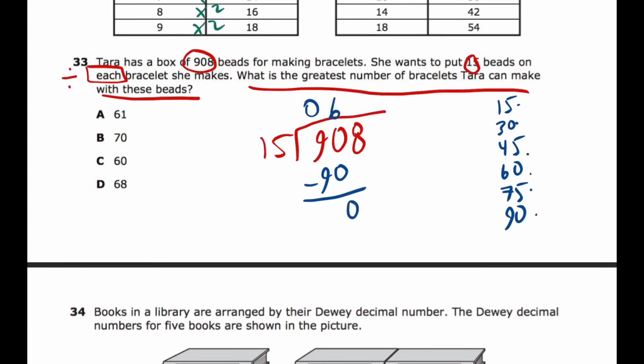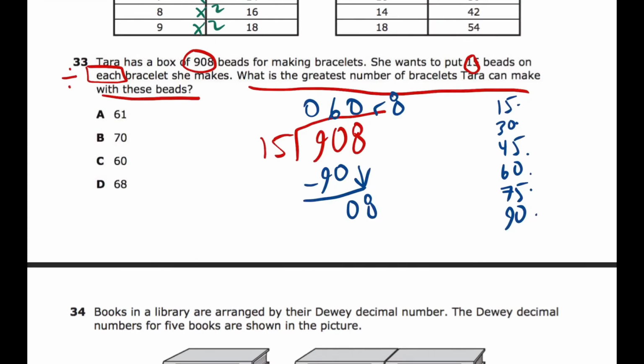90 minus 90 is 0. Bring down my 8. How many 15s are in 8? 0. So 60, remainder 8 is what I have. You could make that a fraction or a decimal. I could say 60 and 8/15, or add a decimal point and keep going. But what I notice is that I can make 60 bracelets.